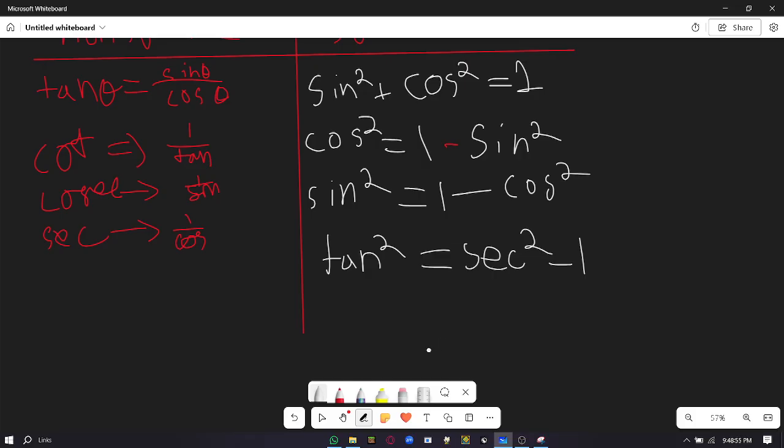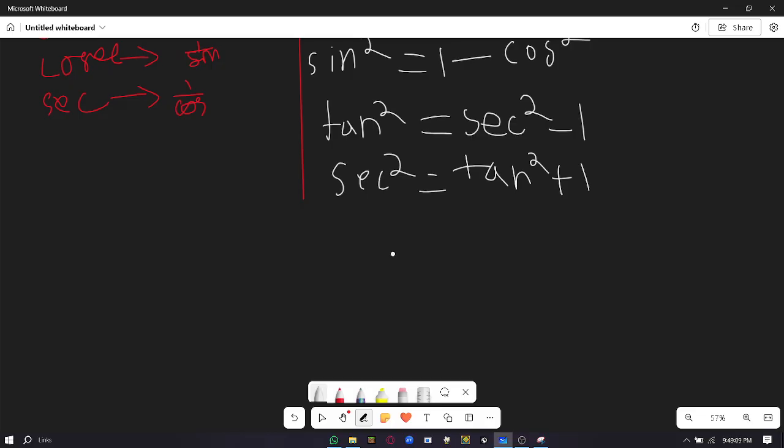And another thing I want you to know, if in that case, then secant squared is just tan squared plus 1. All that matters is if you know one of these, so it's just a rearrangement of that equation. It's not a big deal. Then we have cotangent squared, which is cosecant squared minus 1, I think.